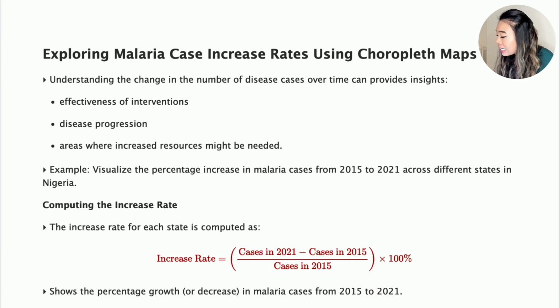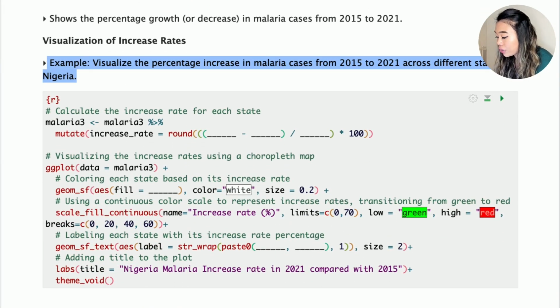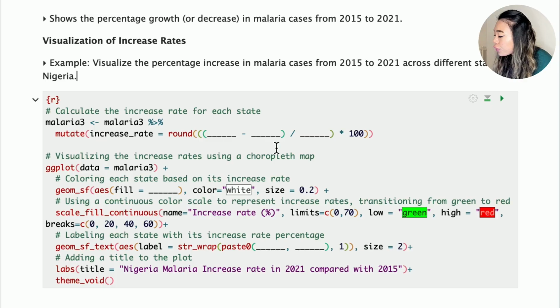Now that we've seen how to compute our increase rate, we can delve into the code that accomplishes this visualization. Once again, we'll first complete the code within our code chunk to create our choropleth map before going in depth line by line to see what happened to create that choropleth map.